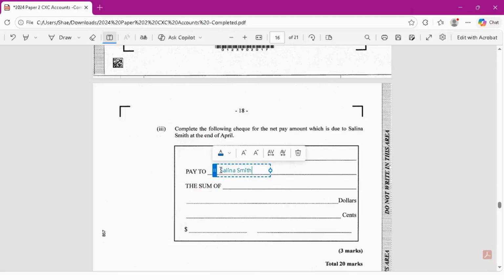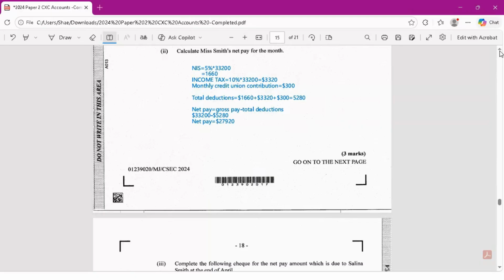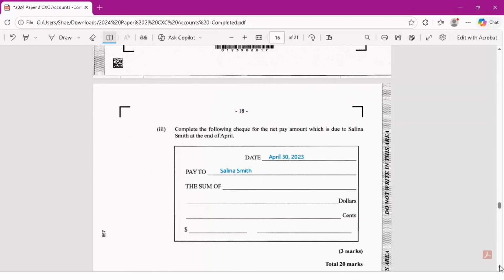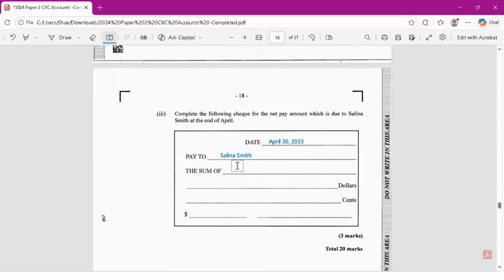Very simple. The sum of, so you're going to write out the amount that she should receive in words. So she should get $27,920.